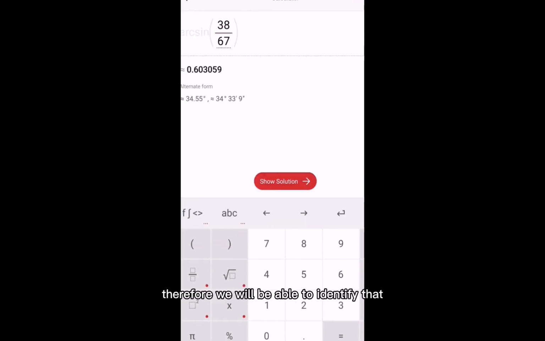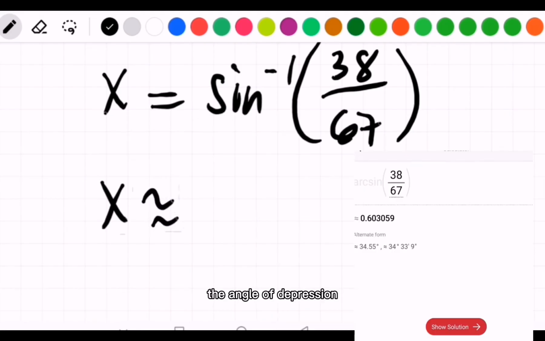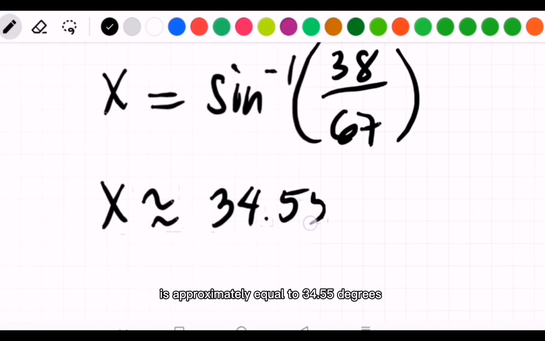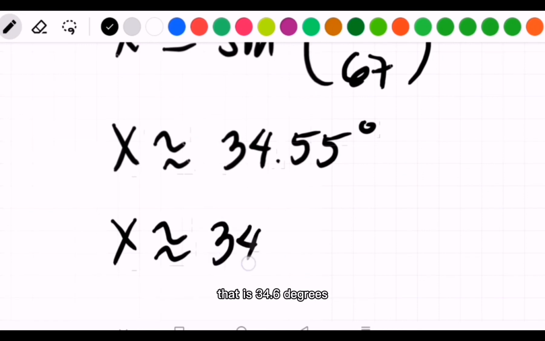Therefore, we'll be able to identify that the angle of depression is 34.55 degrees. So in our final answer, the angle of depression is approximately equal to 34.55 degrees. And rounding that off to the nearest tenths, that is 34.6 degrees.